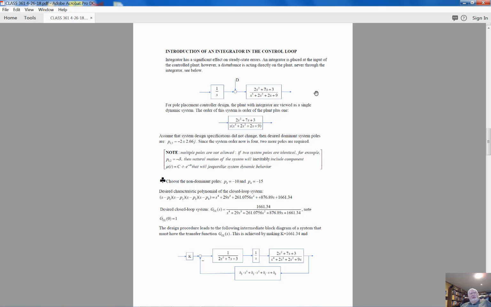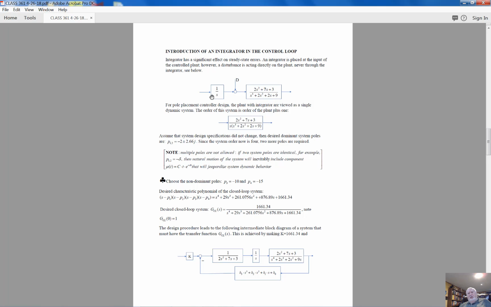Physically, the integrator is an operational amplifier, not a power amplifier, with appropriately chosen feedback. And you can always place it at the input of the control plant.